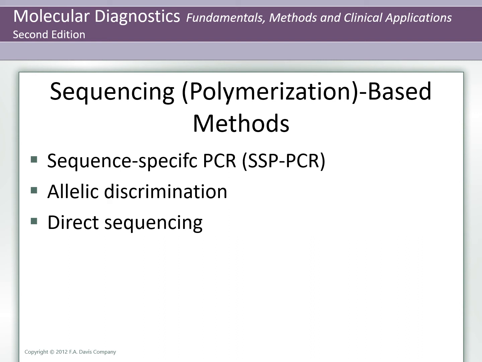The next group of methods we'll discuss are sequencing or polymerization-based methods that include sequence-specific PCR, also known as SSP-PCR, allelic discrimination, and direct sequencing.